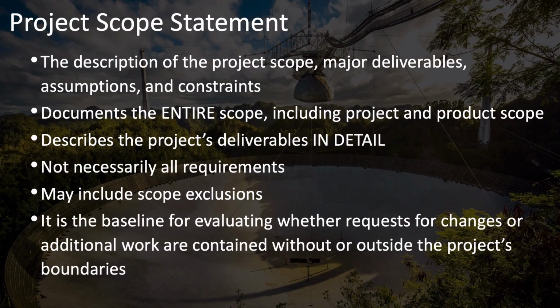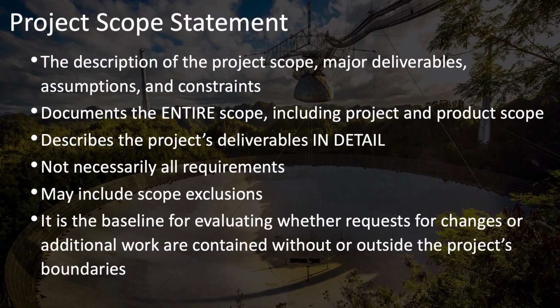As a result, it may be wise for you to specifically include some scope exclusions, to specifically mention in the project scope statement those items that you're not going to do as part of this project. This is important for managing stakeholder expectations.